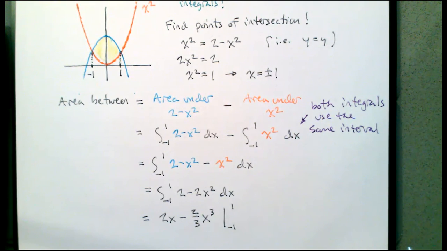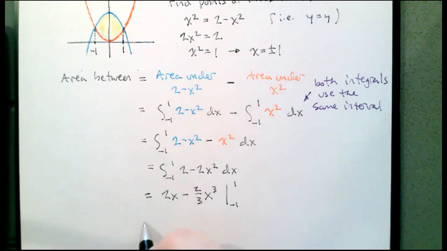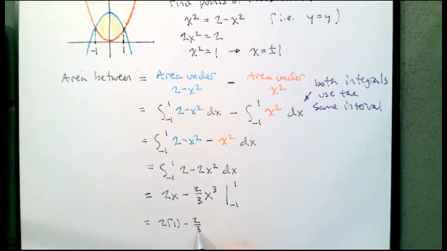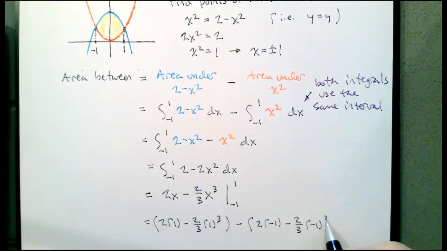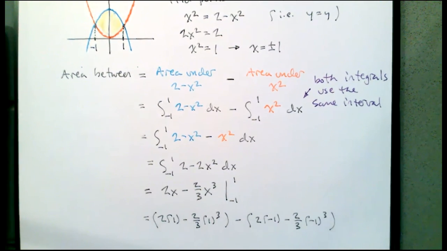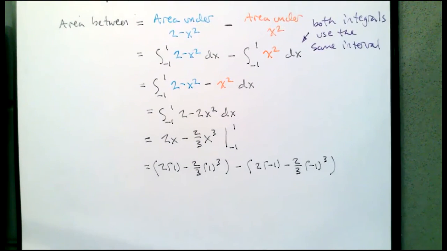Then we'll evaluate from -1 to 1. So we'll have 2 times 1 minus 2/3 times 1 cubed. There's my capital F at B. And we'll subtract 2 times -1 minus 2/3 times -1 cubed. There's the capital F at A.